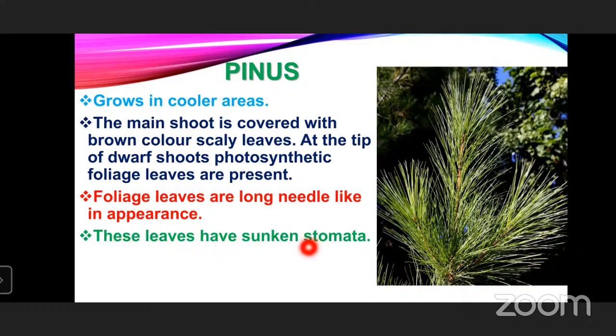Before sunken stomata, let us come to the normal stomata. The main function of stomata is gaseous exchange as well as transpiration.